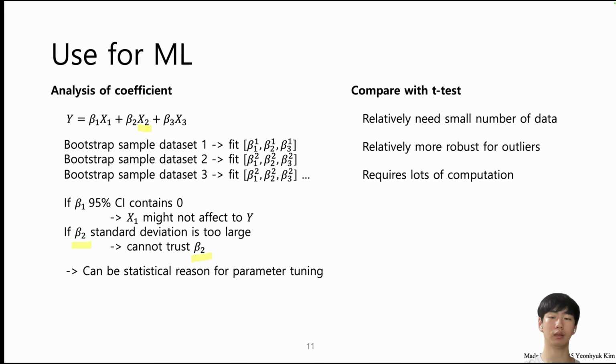However, it requires lots of computation. So if we try to resample 10,000 times, we need to make 10,000 sample datasets and fit the betas 10,000 times. For this reason, we can just use Bootstrap with the t-test for parameter selection, both of them.